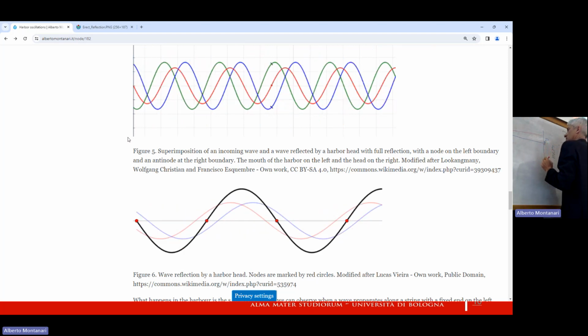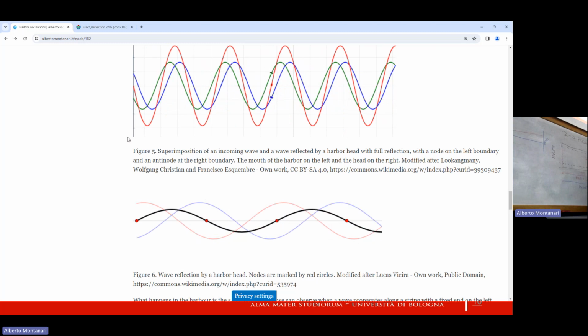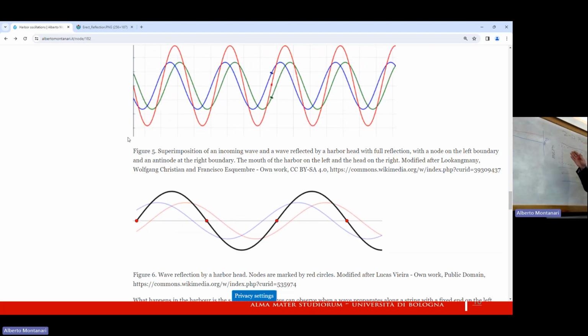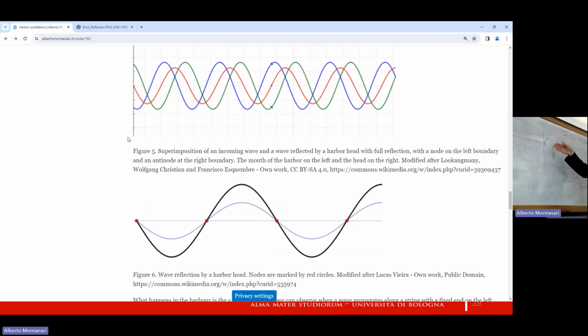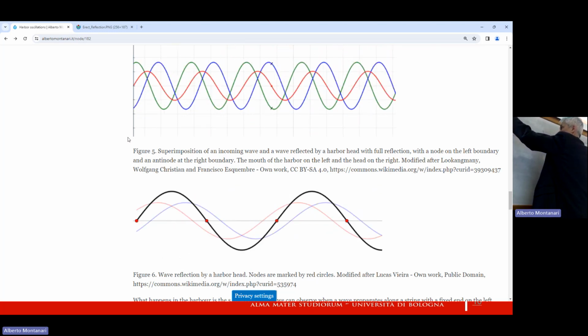This is basically the fundamental, the longest period. The longest characteristic period of the harbor is called the fundamental period. This is the fundamental period.